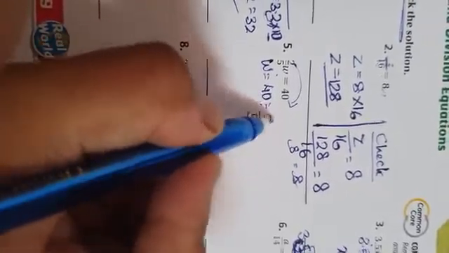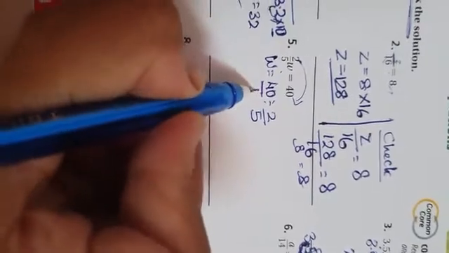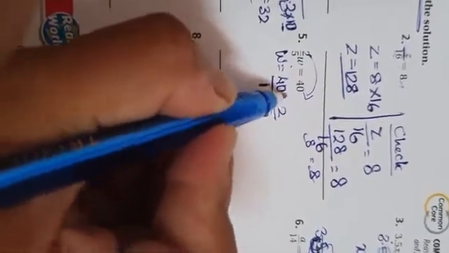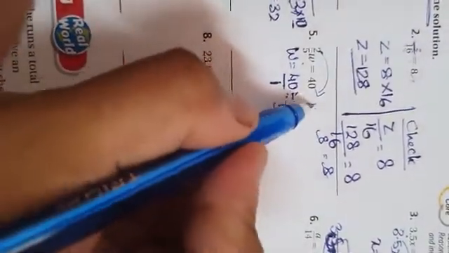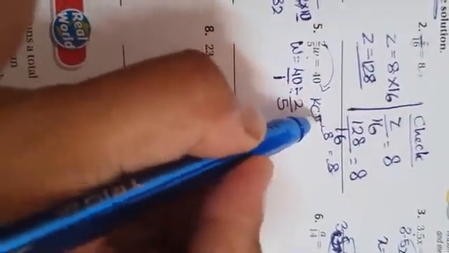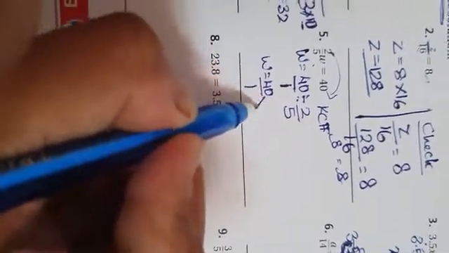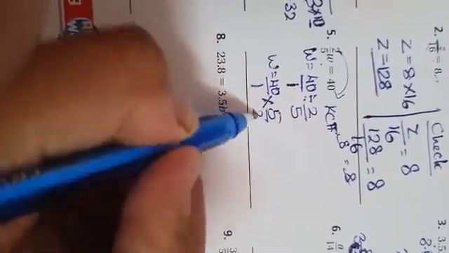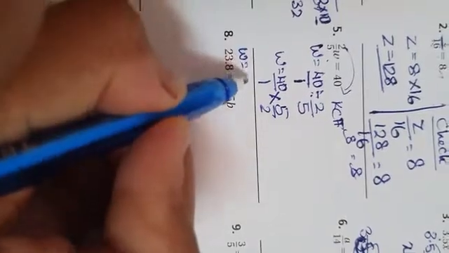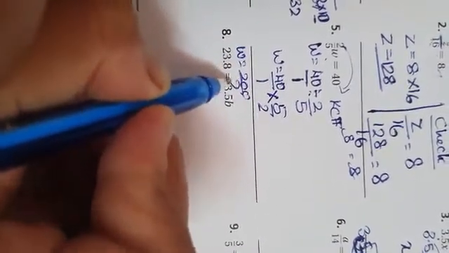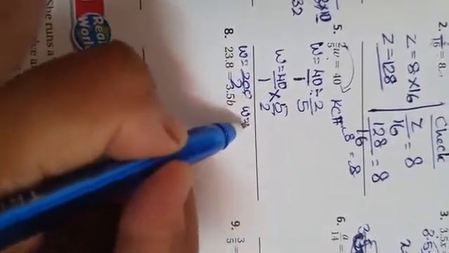Again we have no divide here, no number means it's 1. We are going to divide fractions. So divide fractions we cannot do, we will use KCF. Okay, so it's going to be 40 over 1, keep it, change it and flip it. So we are going to be getting w equals 200 over 2. So w is going to be 100.